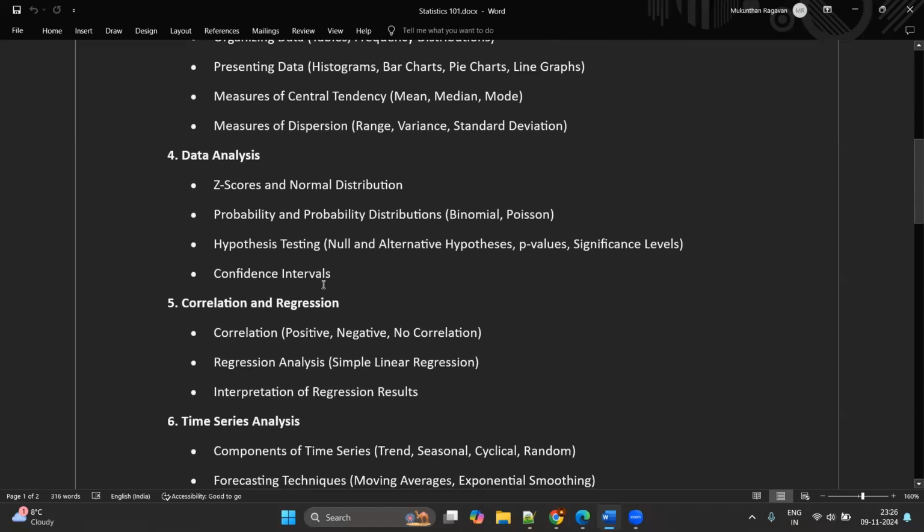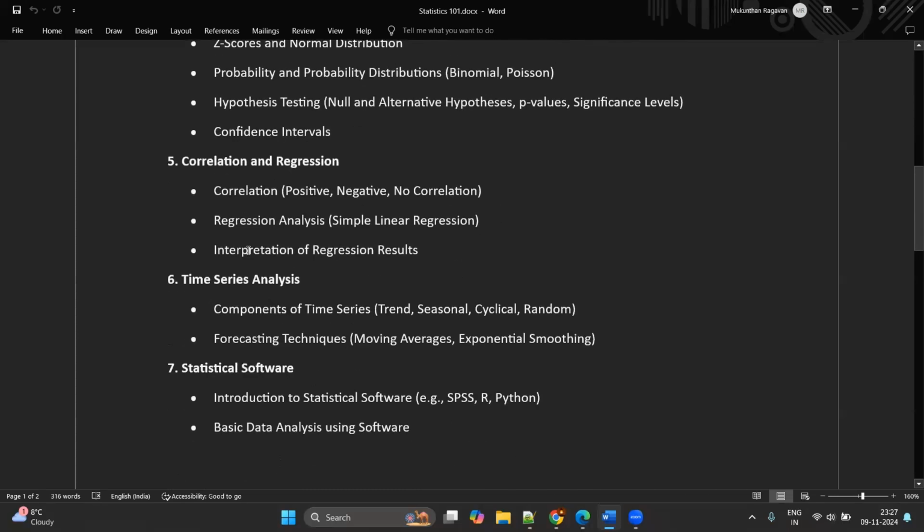And there will be some metrics or indexes, such as Z-scores for normal distribution, probability and probability distributions, hypothesis testing, confidence intervals, and so on. Then we will see correlation and regression. What is correlation? What are the different types in it? Regression analysis, and how do we interpret the regression analysis?